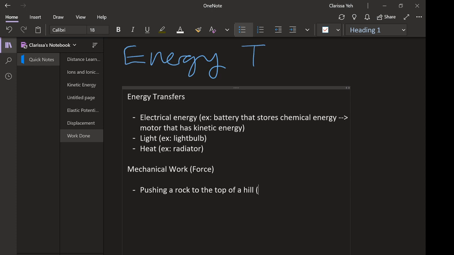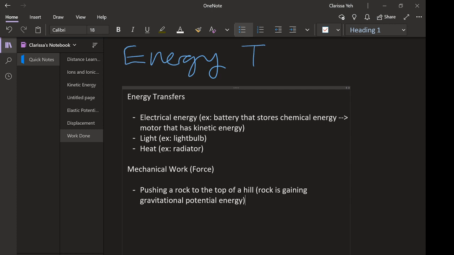It's moving upwards, so the rock is gaining gravitational potential energy because it's gaining in height, right? But like we mentioned earlier with the law of conservation of energy, that additional increase in gravitational potential energy can't have just come from nowhere. It needed to have come from somewhere.